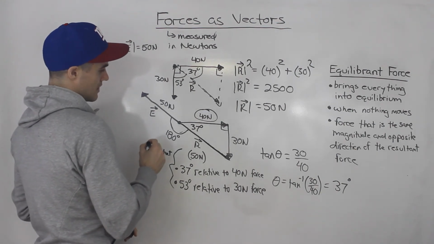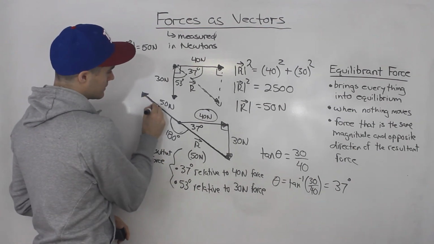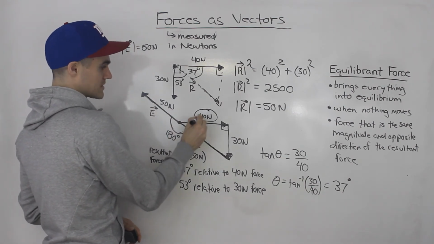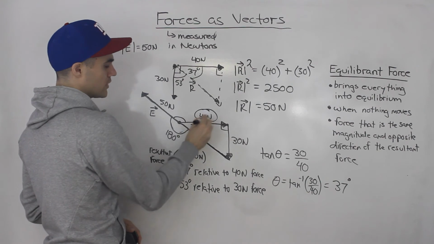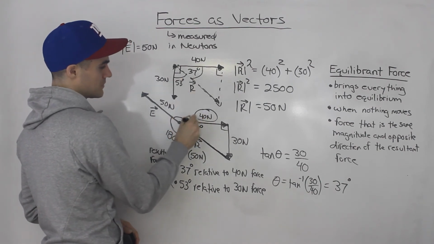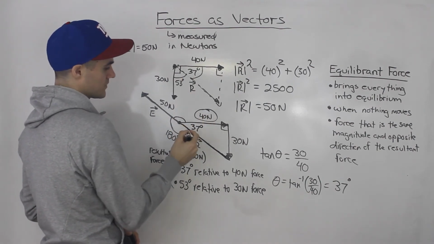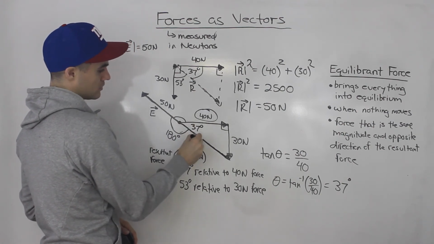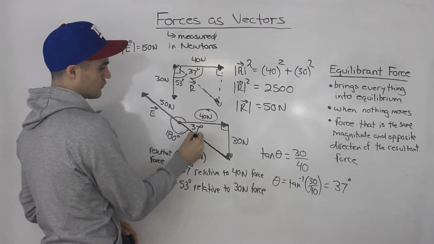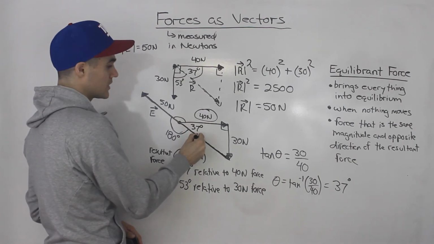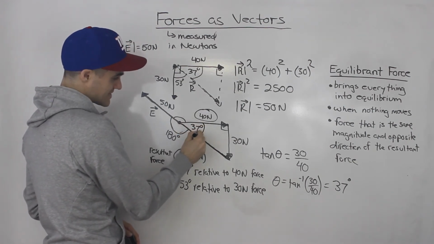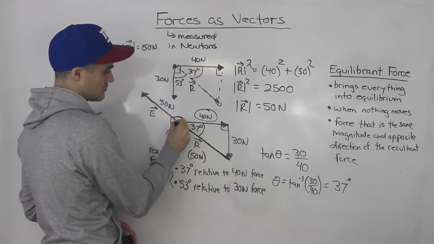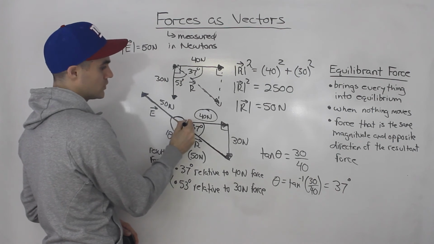So notice that we can talk about the direction for the equilibrium force relative to that 40 Newton force and the 30 Newton force, but let's just start off with the 40 Newton force here. So notice that this whole angle between the equilibrium force, resultant force, it's 180 degrees. Well, if this angle here is 37, then what's this angle going to be between the equilibrium force and the 40 Newton force?